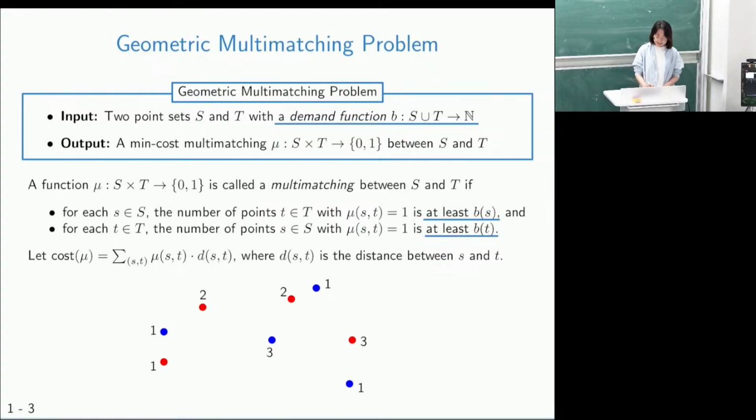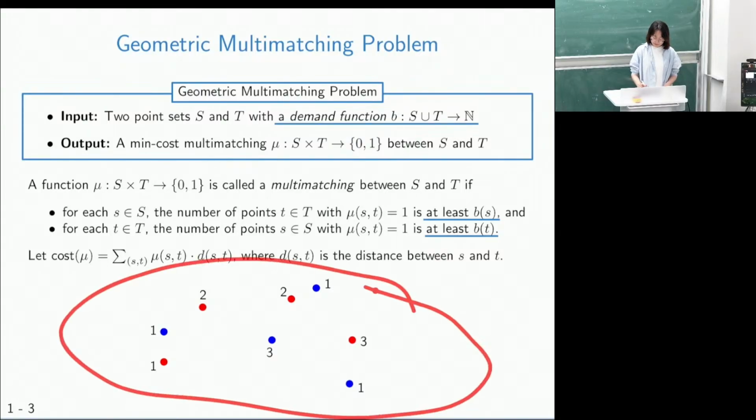For each point in S, the number of points in T which are matched with it is at least the degree demand. And the same holds for the points in T. Then, as before, the total cost is measured by the sum of all edge lengths.